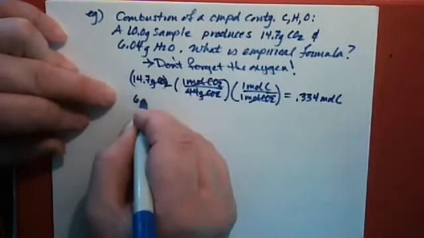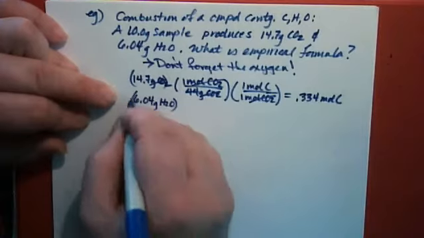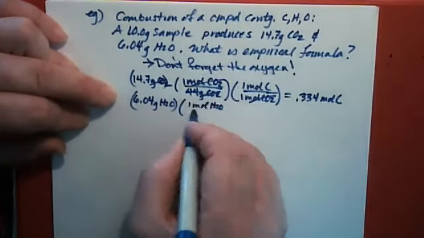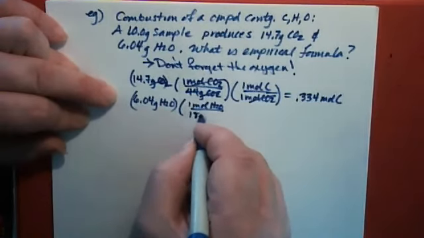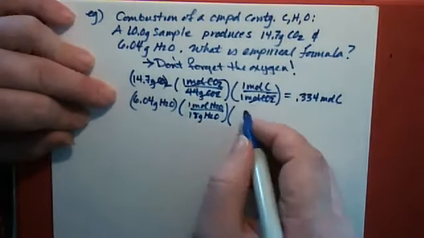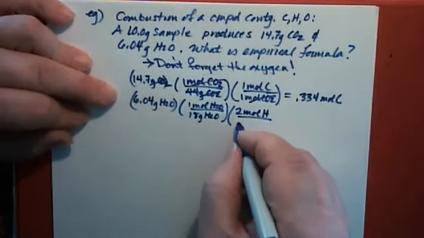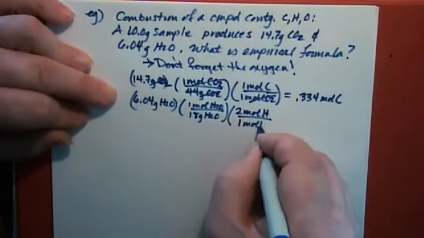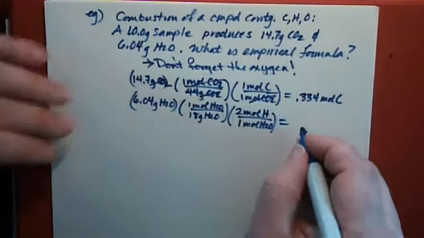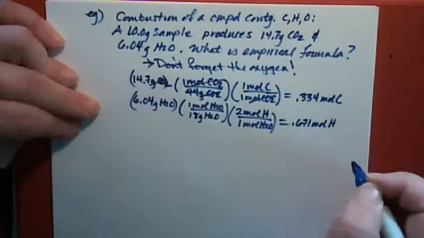Then we have our 6.04 grams of H2O. There's 1 mole of H2O for every 18 grams of H2O, and in this case, we know that there are 2 moles of hydrogen for every mole of H2O. And that gives us 0.671 moles of hydrogen.